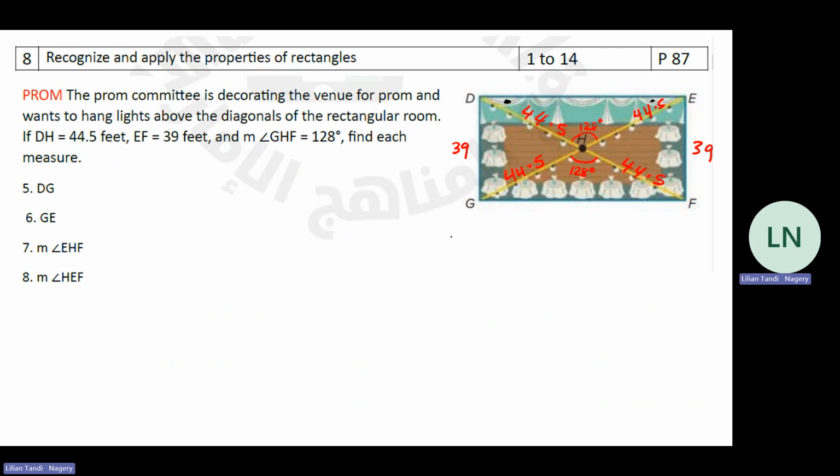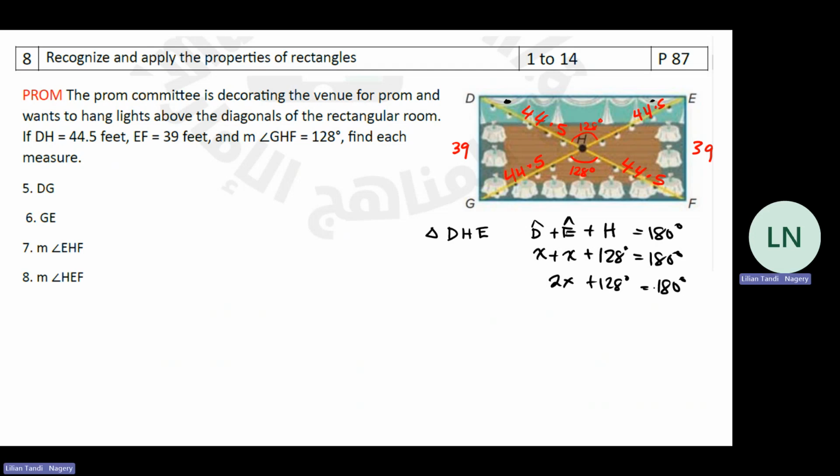So to get the angle in triangle DHE, in that triangle, we know that angle D plus angle E plus angle H should equal 180. x plus x plus 128 equals 180. 2x plus 128 equals 180.